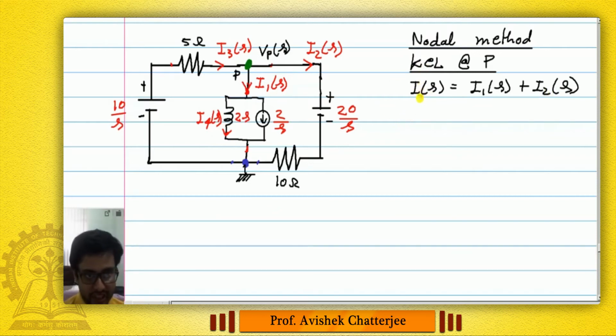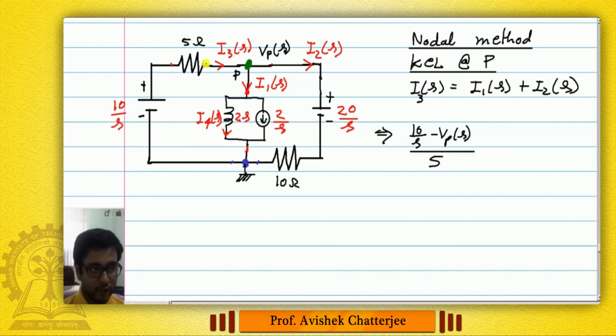This is I3. Now in place of I3S, I can write this potential minus this potential, that is 10 by S minus VPS, divided by 5.